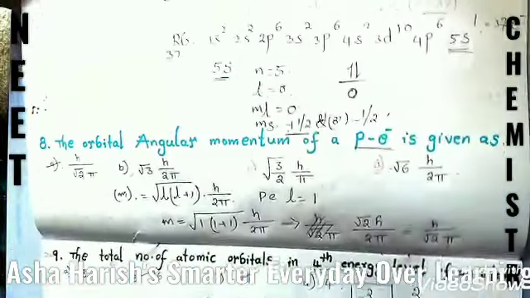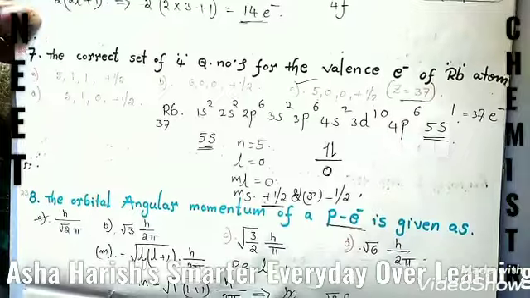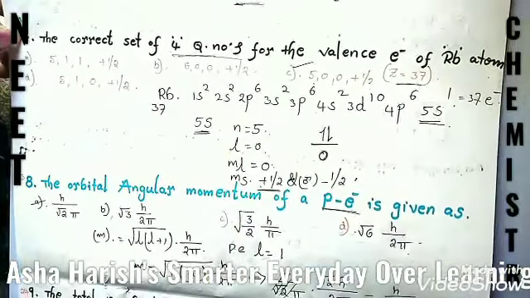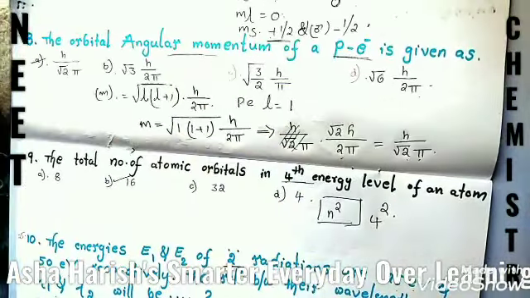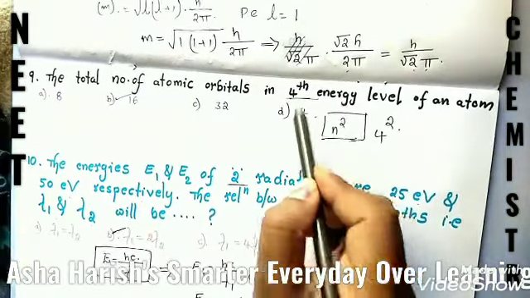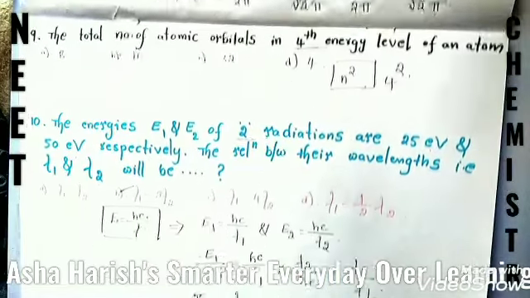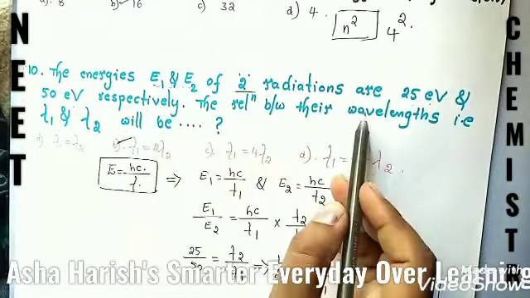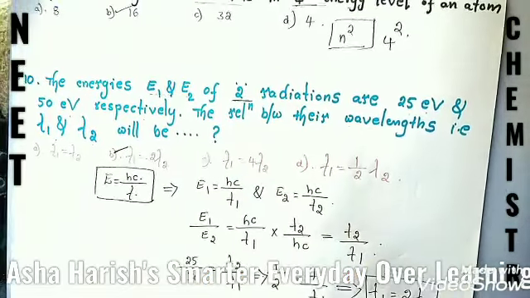The next one is the maximum number of electrons in a subshell, and how to calculate the 4 quantum numbers. We also did the angular momentum for p electrons in this class. And the next one, the fourth energy level, the total number of atomic orbitals. And the next one, the relation between the two energies E1 and E2, and the wavelengths, we found in this class.